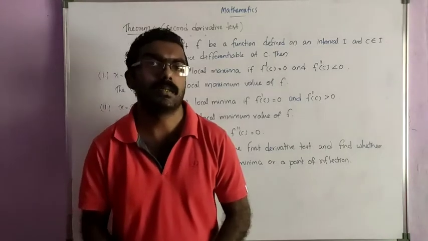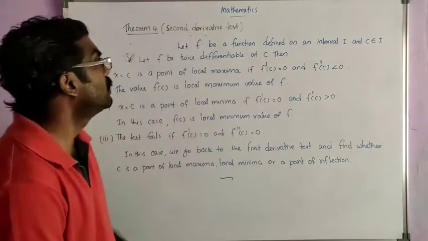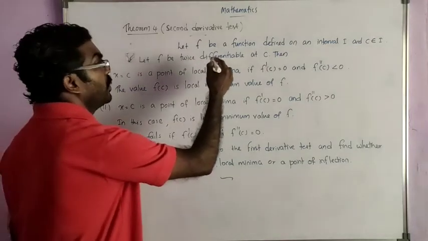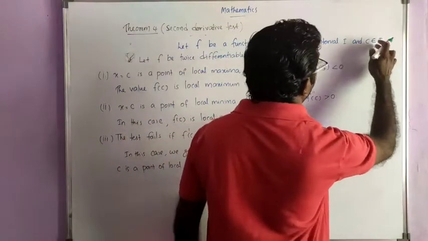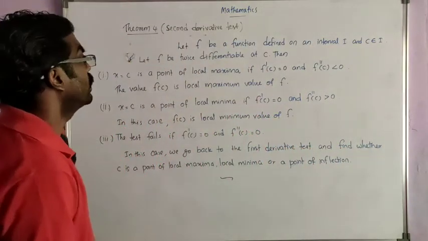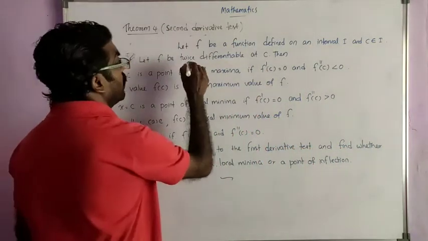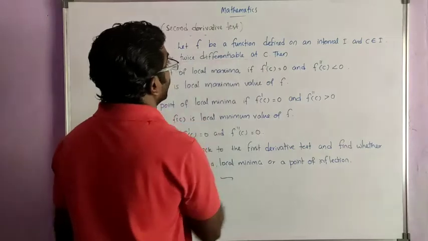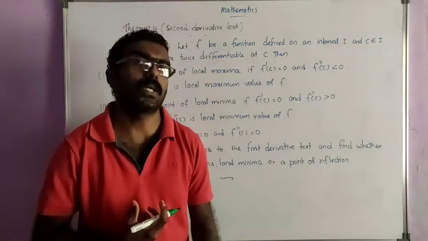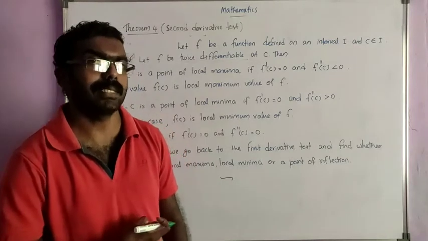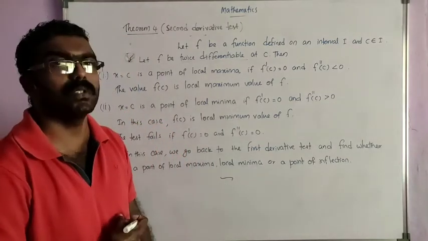Now we shall discuss the second derivative test. Let f be a function defined on an interval I and let c belongs to I. Let f be twice differentiable. Twice differentiable means the second order derivative of f exists at x equal to c.